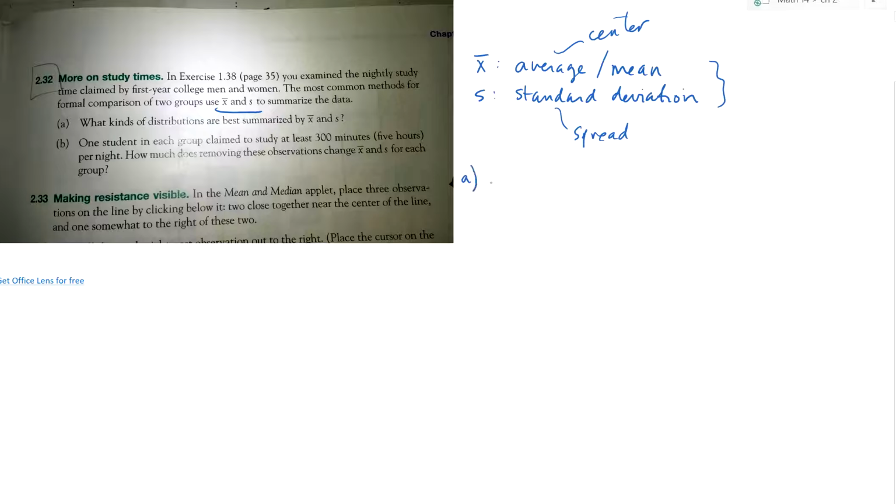So what kinds of distributions are best summarized by these two? A, the best distributions are ones that are unimodal and symmetric. And those are ones that look like this.